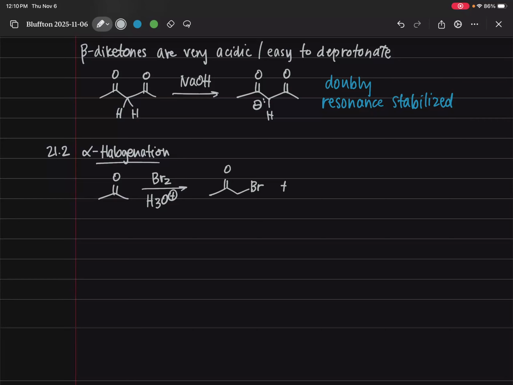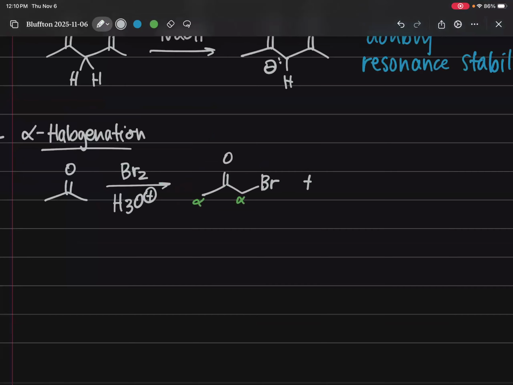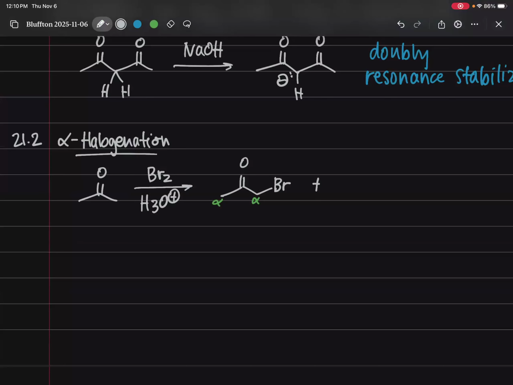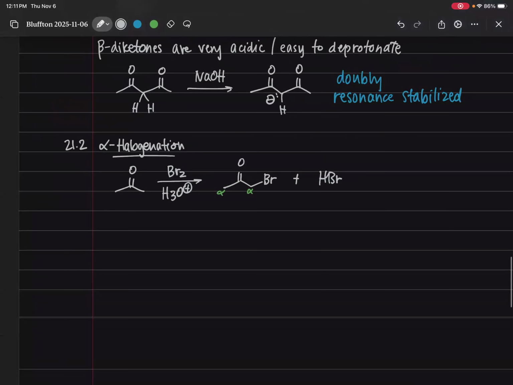In this case, we're treating the bromine like it's a hydrogen, where we're more concerned about the carbon that it's attached to, which is the alpha carbon, just like the one on the other side. So the bromine is alpha, or at the alpha carbon. Side product here is HBr.